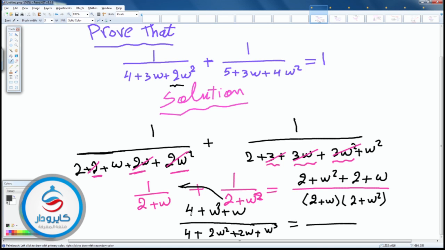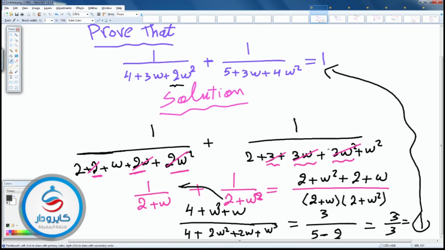Now we have 4 plus omega square, this is 3, and now we have 4 plus 2 omega square, 4 plus 1 equals 5. 2 omega square plus 2 omega means equals negative 2, so 3 over 3 equals 1, and this is the right hand side.